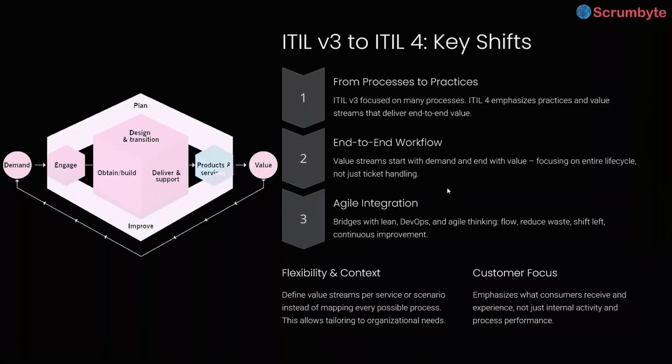Always remember that every time there is a demand, it ends with a value. That is the most important thing. Here you have to focus on the entire life cycle, where it's not just the processes and practices, but you are involving people, the stakeholders, everybody should be there.